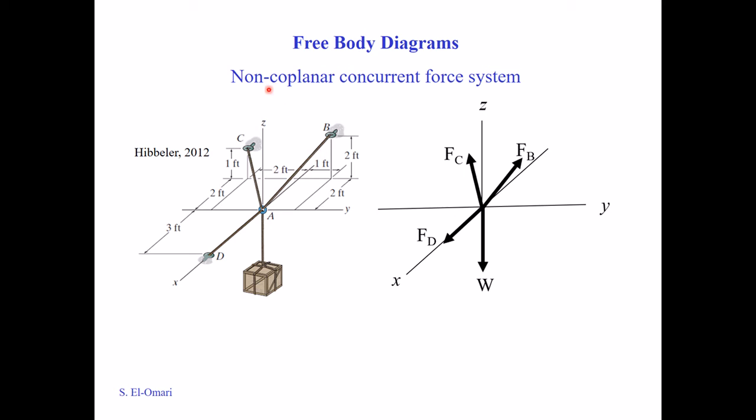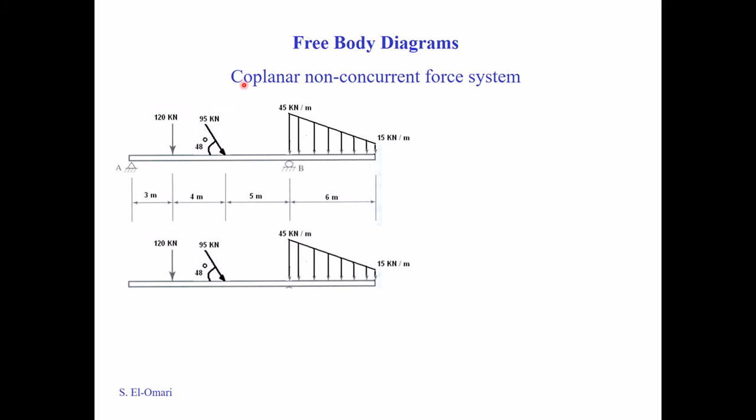So the following is how to draw a free body diagram for a coplanar 2D non-concurrent force system, where the forces don't meet in one point. This is a very typical example when working on, for example, civil engineering projects.